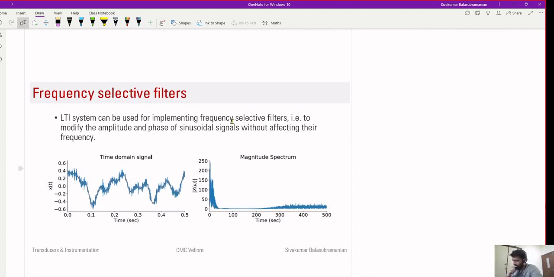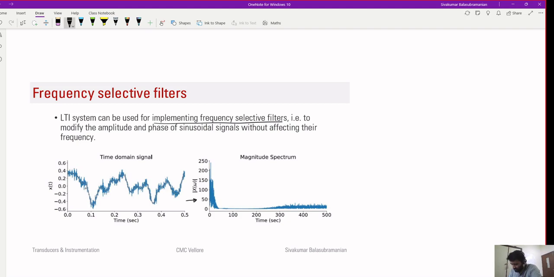See, we discussed when we were talking about linear time invariant systems that LTI systems can be used for implementing frequency selective filters. Right. So, for example, let's say this blue signal is the signal that you've recorded from a sensor. And if you now look at the spectrum of the signal, let's say it looks like this.